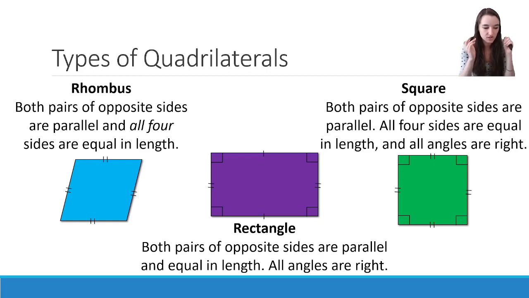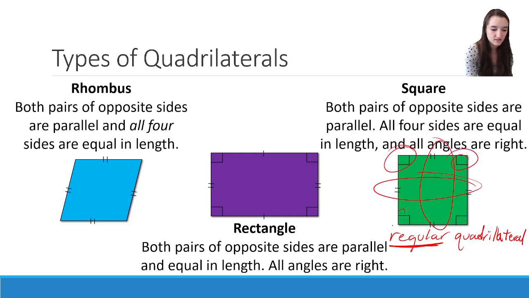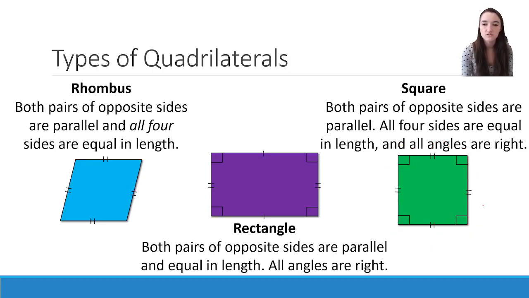We get this square, which is a regular quadrilateral. So remember, we defined regular as all same sides and all same angles. So in this case, we get those 90-degree angles and all the same sides. And so all squares will be similar to each other. So remember what regular means.